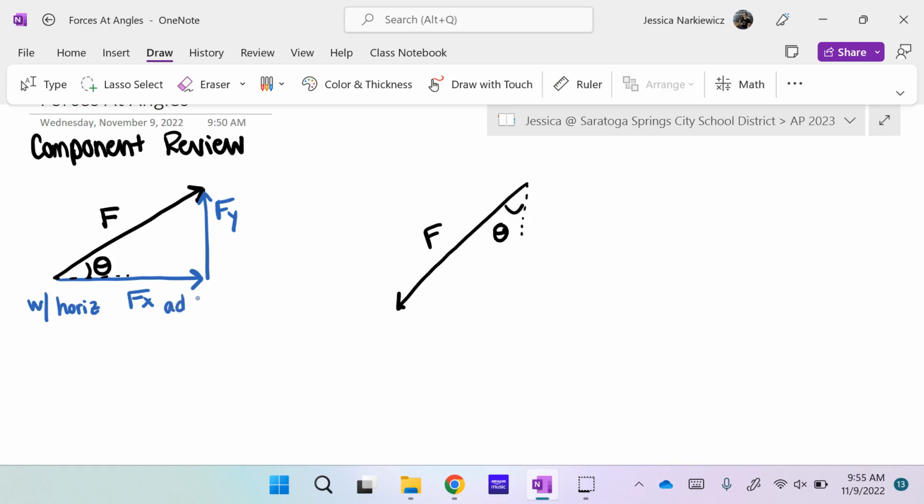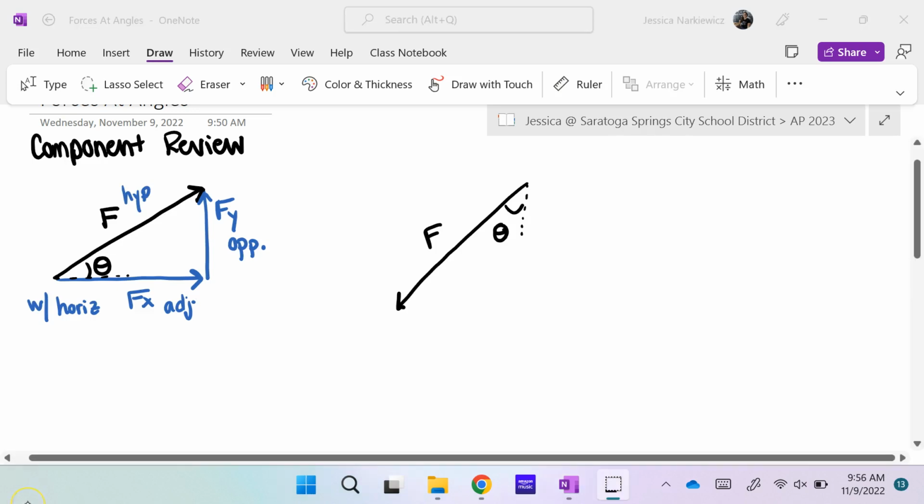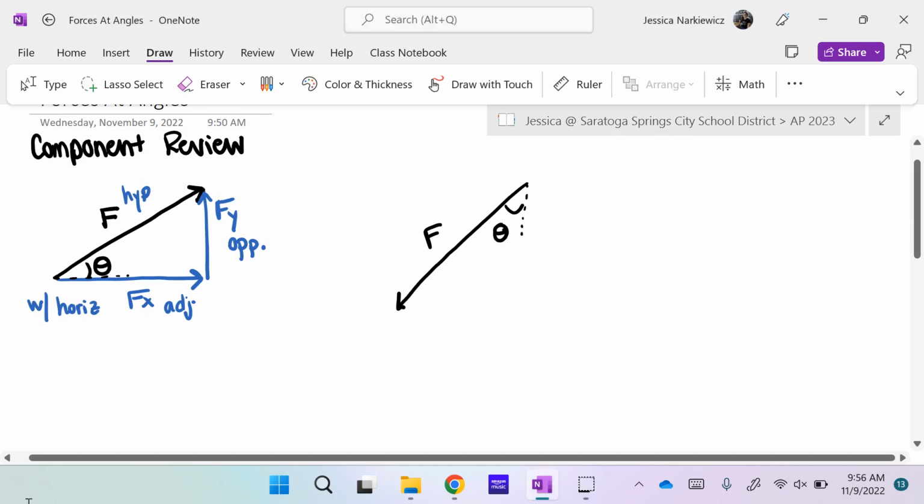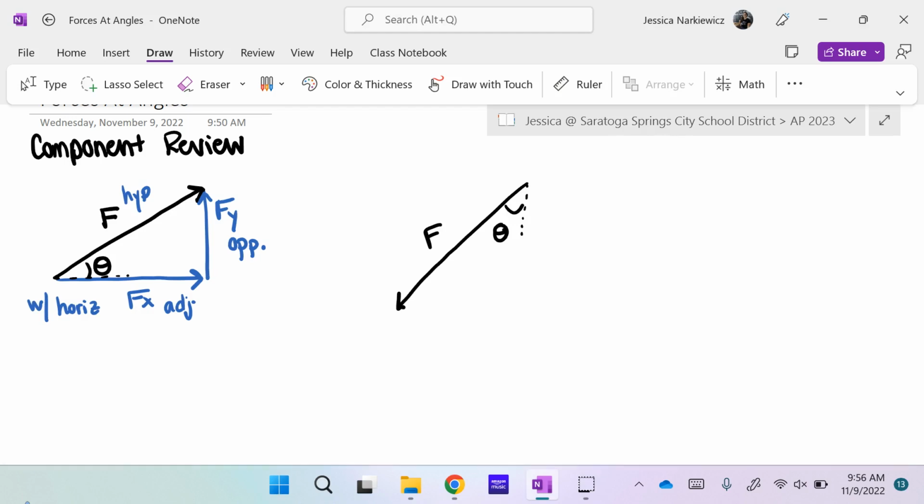The x side is adjacent to the angle, the y side is opposite to the angle, and of course the force itself would be the hypotenuse. That force F could be a force applied at an angle, a tension force at an angle, any sort of force.